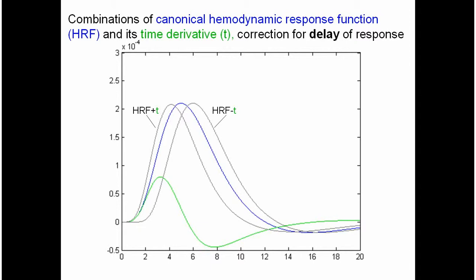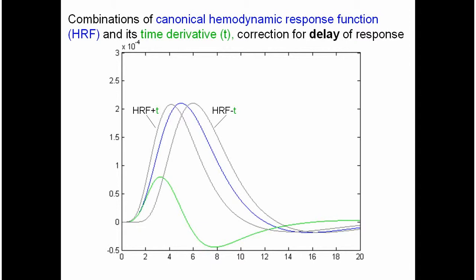For example, it can be shorter and it can start earlier or later. We don't know what is the specific mechanism of those variations in the shape of hemodynamic response.